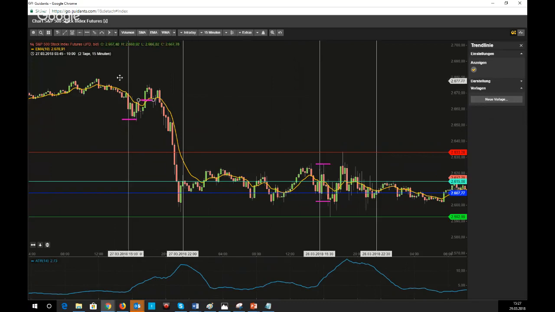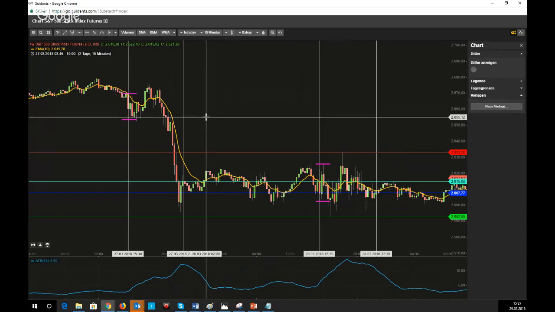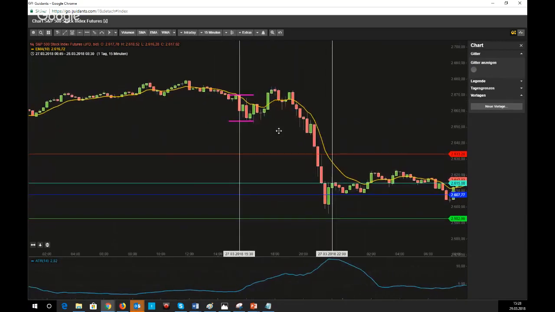So this is again the open range of this trading day. One second, I just made a mistake here. 670. Oh, I'm okay. I thought that was an 8, but it's not. So it's here. So this is the open range of the trading day on Tuesday.